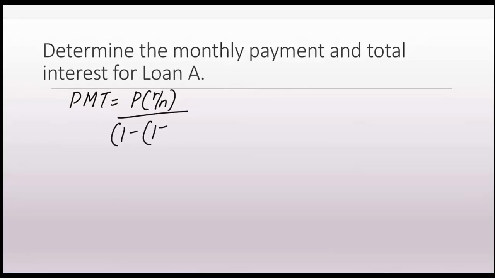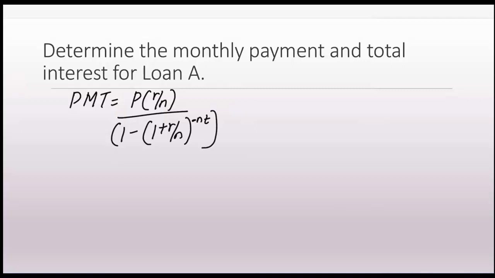Let's determine the monthly payment and the total interest for loan A. So the formula is PMT, your regular monthly payment, equals P times R over N, the whole thing divided by 1 minus (1 plus R over N) to the power negative NT.